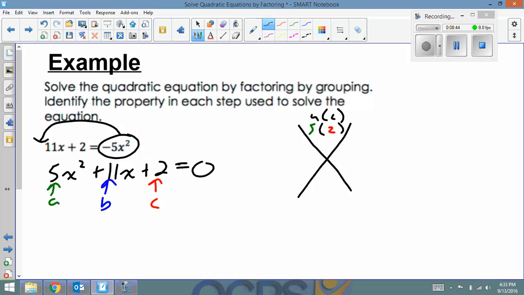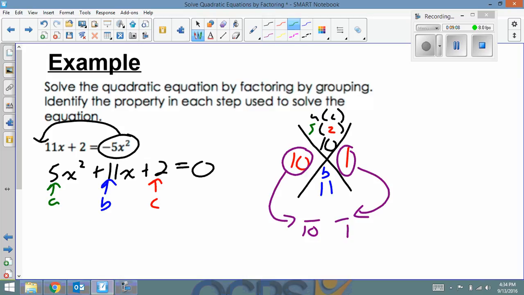That's going to give me an answer of 10. And the bottom, remember, is always your B value, which in this case is going to be 11. So we need to find two numbers that multiply to get 10 but add to get 11. Those two numbers would be, in this case, 10 and 1. We're going to take each one of those numbers and write them as the denominator of a fraction.